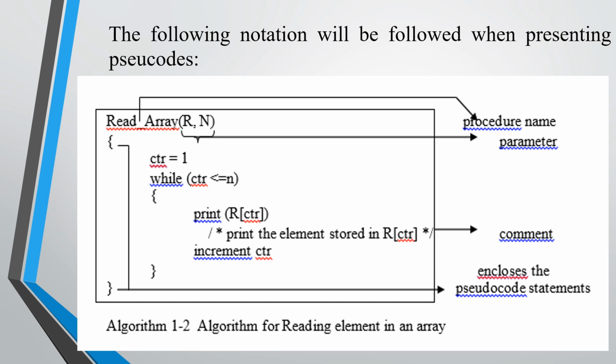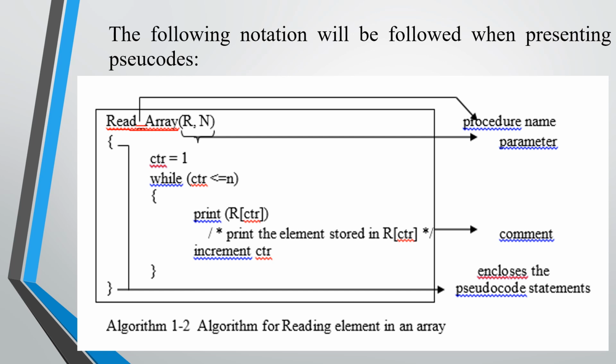We have here, first, read underscore array. Read array is the name of the procedure, so we call that the procedure name, or the pseudocode name.